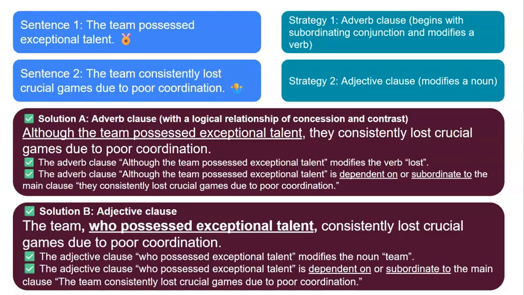The team who possessed exceptional talent consistently lost crucial games due to poor coordination. The adjective clause who possessed exceptional talent modifies the noun team, and the adjective clause who possessed exceptional talent is dependent on or subordinate to the main clause. The team consistently lost crucial games due to poor coordination.